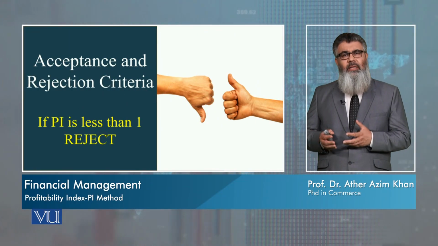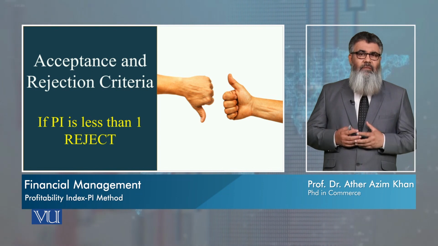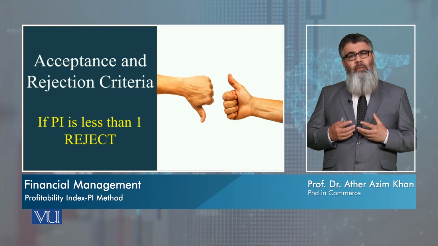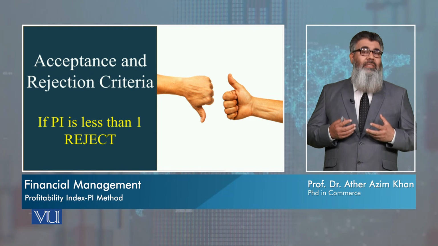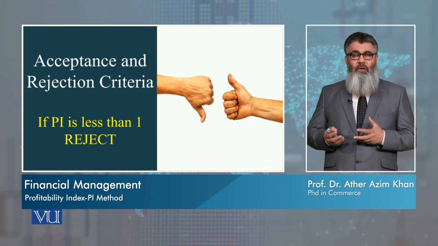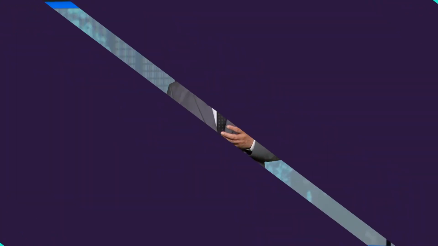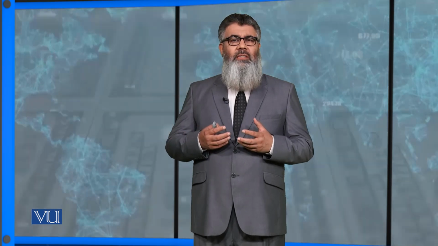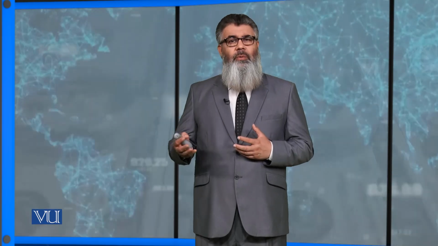Now, what do we do afterwards? Once we have calculated the ratio or the value of index, then the next and the most important thing is to decide on the basis of the results that we have got, whether to accept that project or not. Because the purpose of applying all these discounted cash flow methods is to decide whether we want to go for the project or not. तो हम फैसला किस बुनियाद पर करेंगे कि इस प्रोजेक्ट को एक्सेप्ट करना चाहिए या रिजेक्ट करना चाहिए.